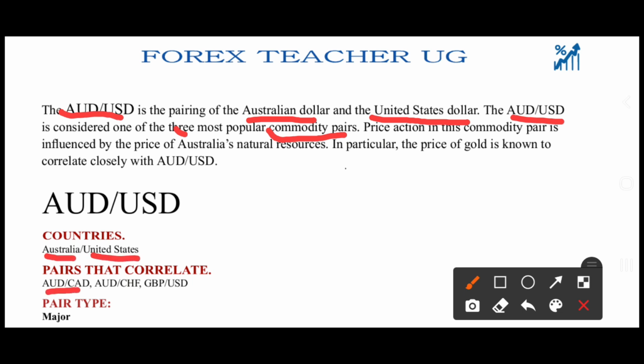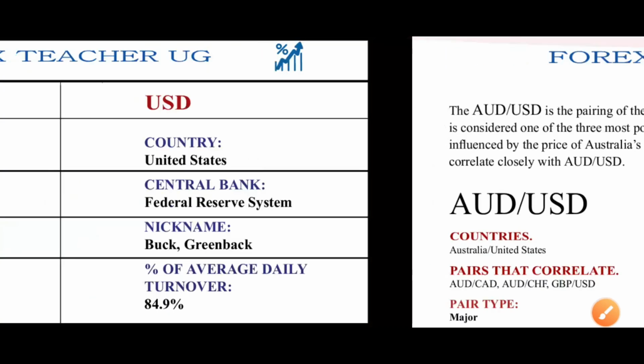The pairs it correlates with are AUD/CAD, AUD/CHF, and GBP/USD. The pair type is a major. Australia exports a lot of gold, and when gold prices are high, the Australian dollar is high, which means the United States dollar is low, because when gold is increasing in price, the dollar is decreasing in price.